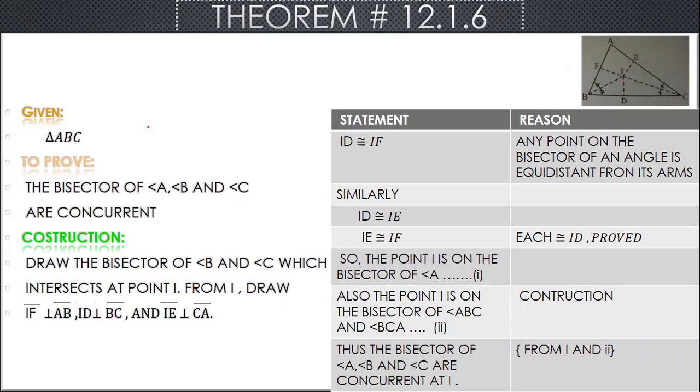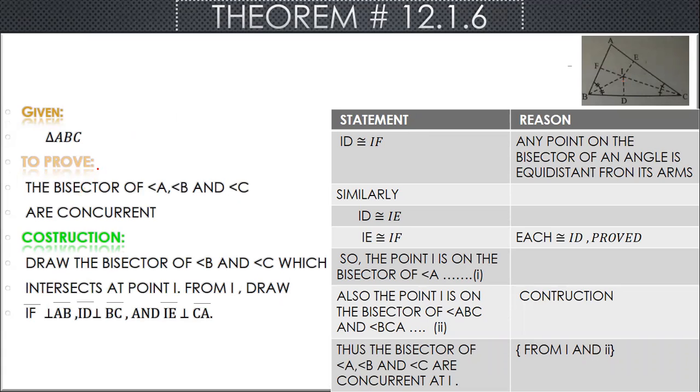I told you when the triangle is given, we take any two sides or any two angles and we prove it true for the third side or third angle. In our third theorem, the same triangle is given. We draw the bisectors of two sides and prove it for the third one.